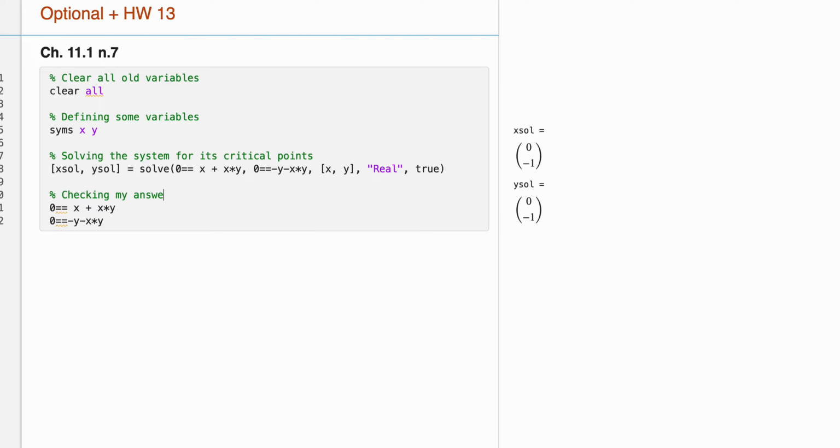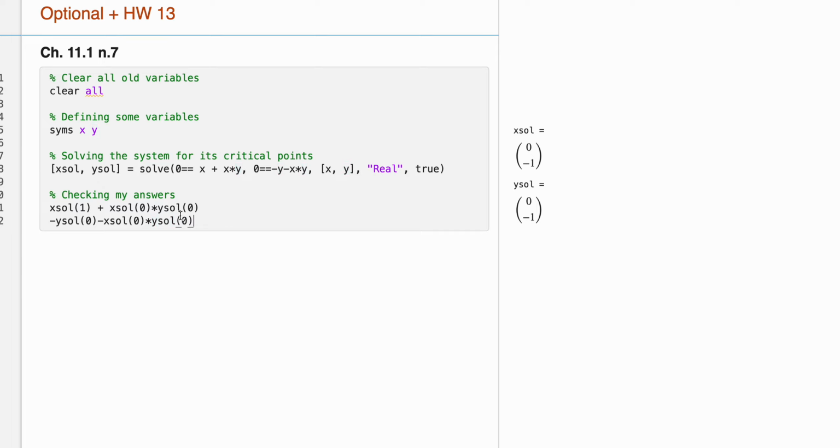I'm going to check my answers. What I know is that this right-hand side has to be equal to 0, right? So let me say I want the first entry of my x solved, which is going to be this one, and same for this, and same for this, and same here, and same here.